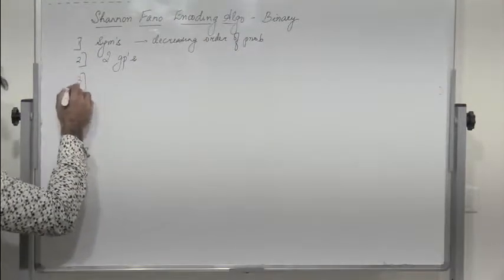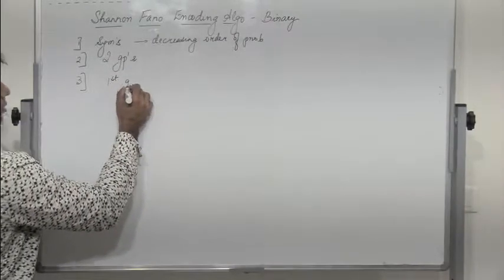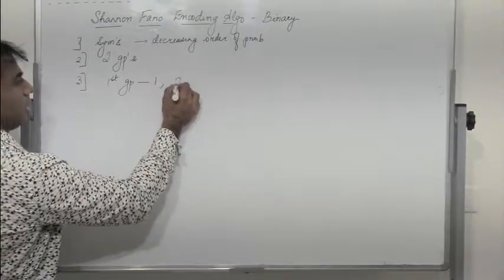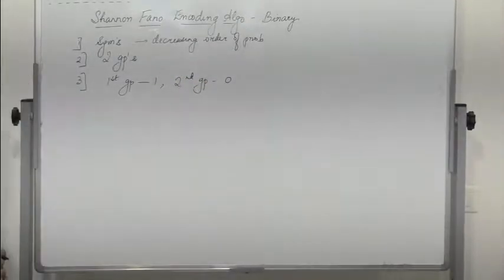Then, third, all the symbols in the first group are assigned 1 and in the second group are assigned 0. Now what does this mean?